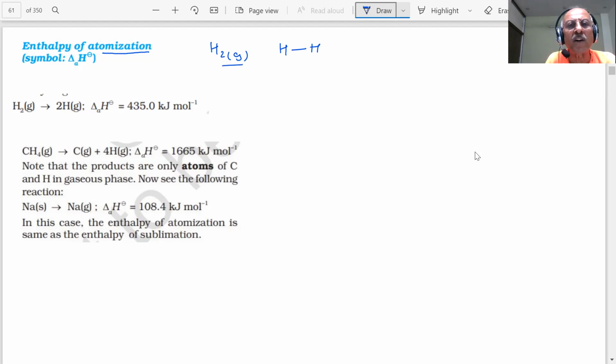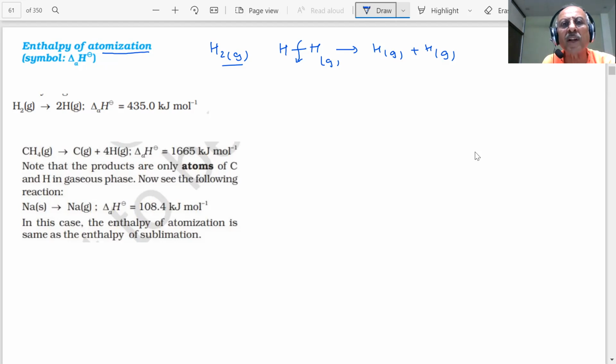So enthalpy of atomization means I want to break this bond and create atoms. How many atoms will you get from here? Two atoms. So we have dissociated H2 gas into hydrogen atoms. But that will need energy. Yes, tell me yes or no. Yes sir.